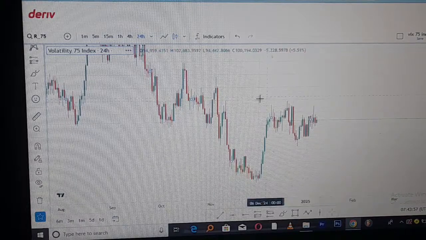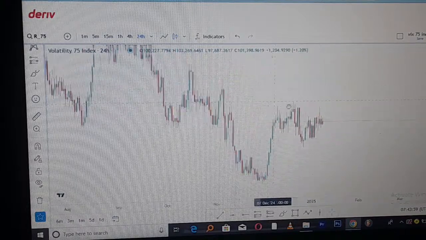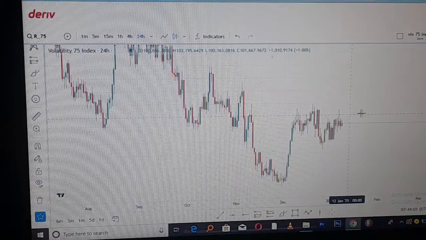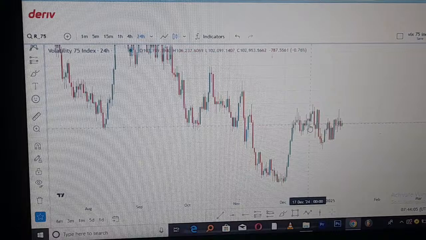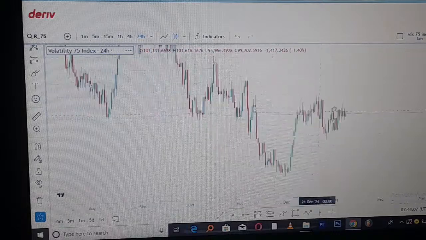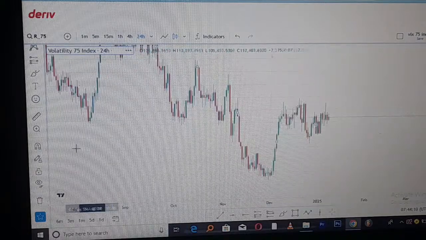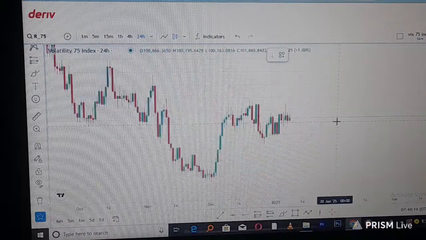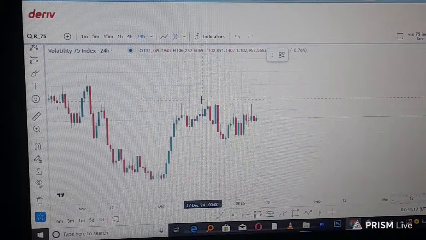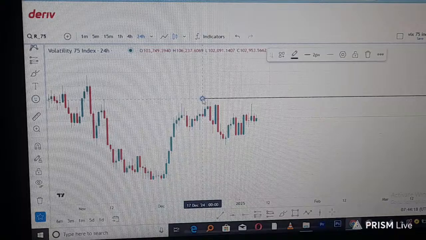So this is VIX 75. We are going to be using this pair as an example so that we can implement this simple scalping strategy. As step number one, we have to identify where the market is. You can see around this area is where the market is playing from.